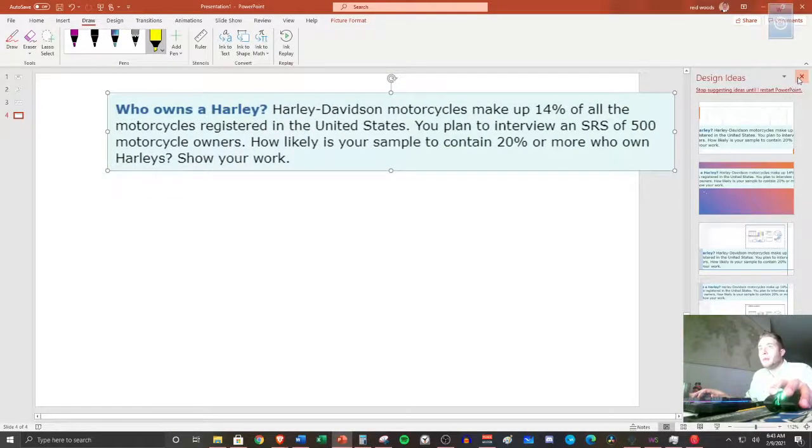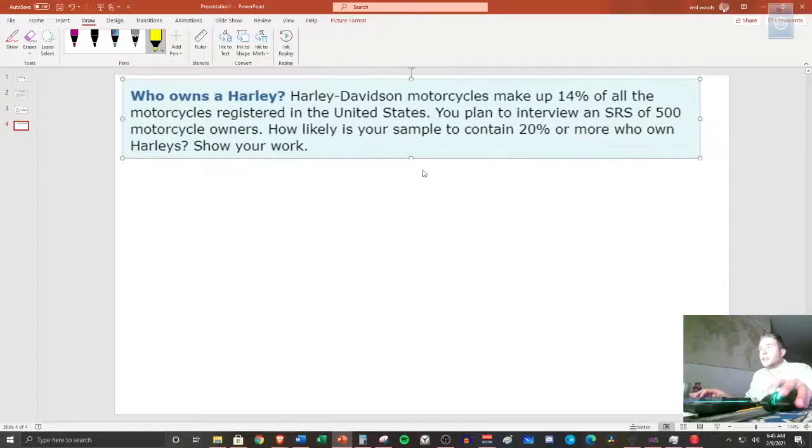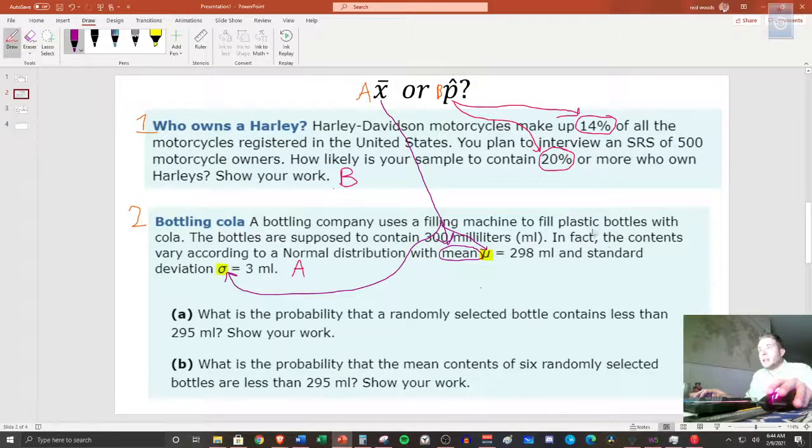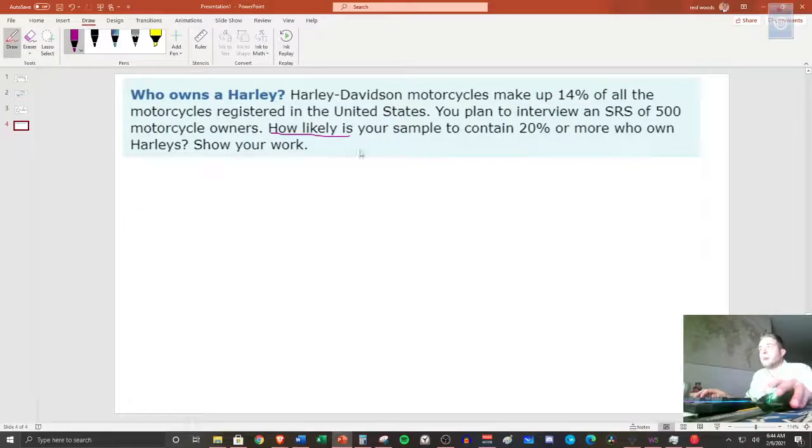Well, every time you work a question in this chapter and you see the words how likely, or what is the probability, or when you're finding a probability, we're going to be using a normal CDF.